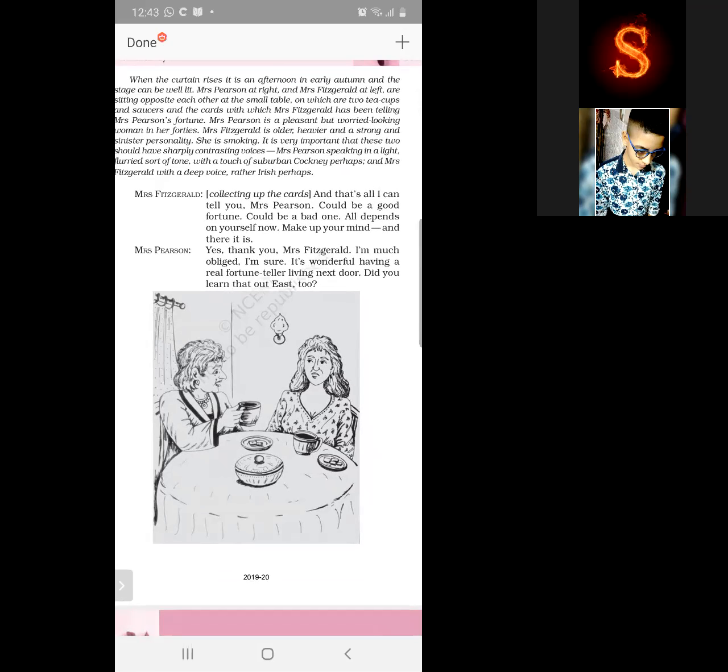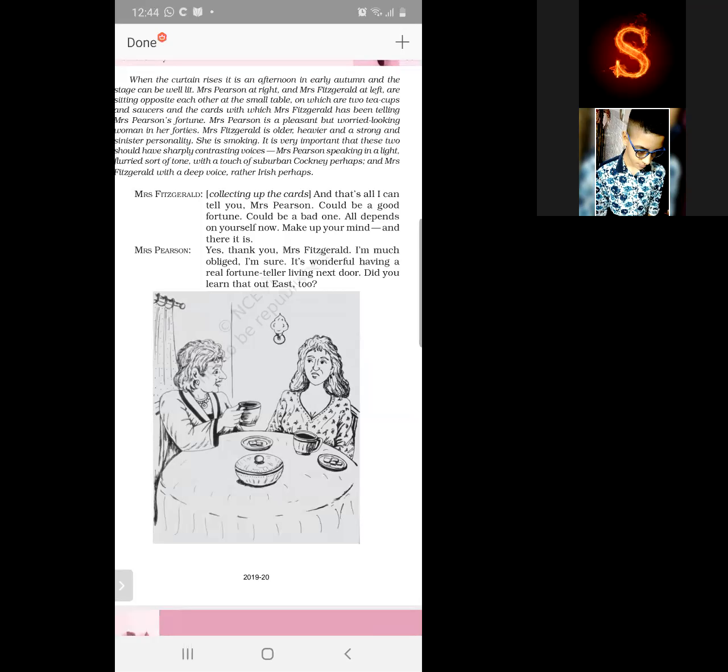They carry those tarot cards, and with the help of those cards, they tell the fortune, right? So Mrs. Fitzgerald here is telling Mrs. Pearson's fortune. We can see, as in the picture also, Mrs. Pearson is pleasant, but she's a worried-looking woman in her 40s. She's worried because of her family, because she doesn't get the respect, or nobody values her efforts. Nobody cares for her. The family is hardly bothered about her. So we find that worry on her face, right?